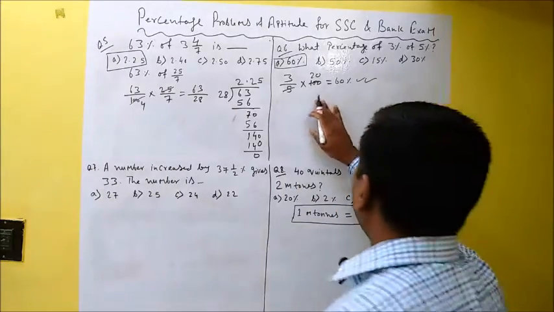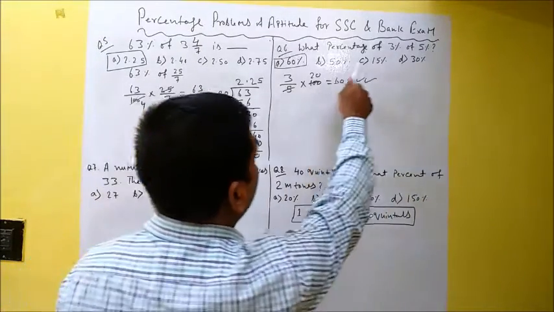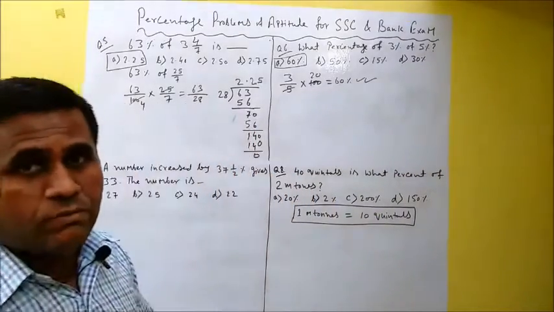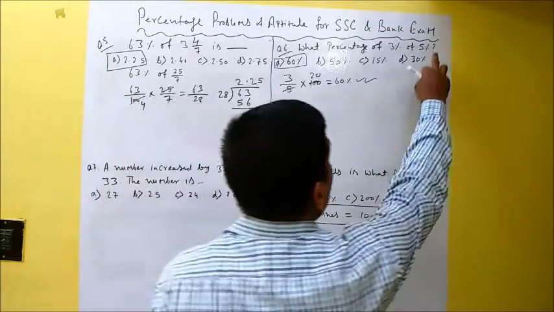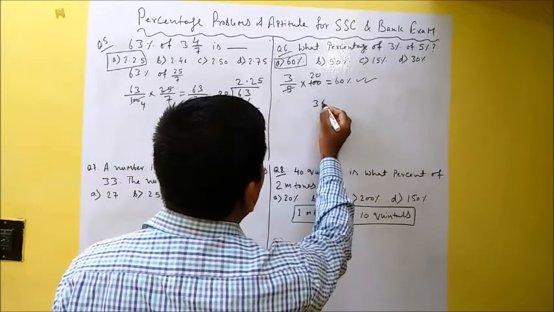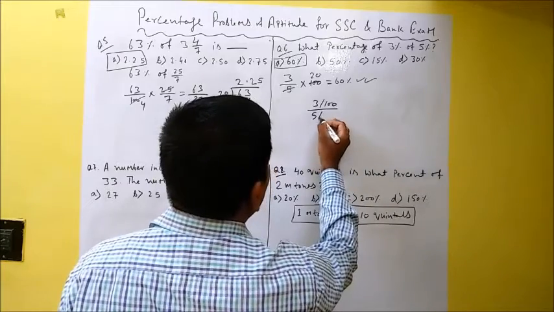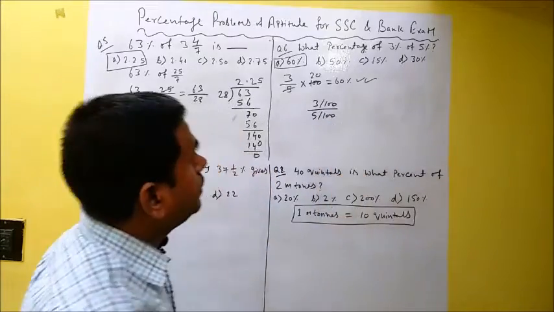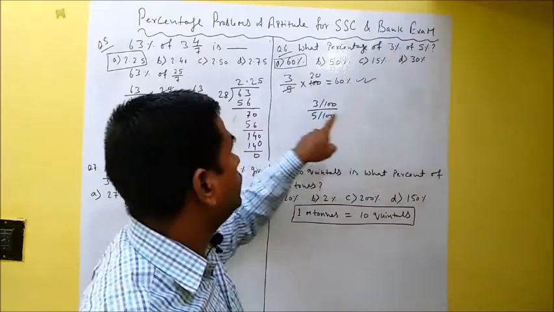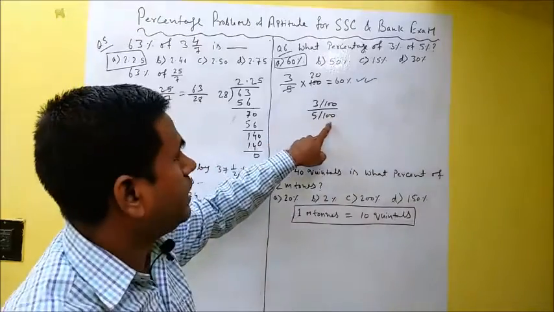If you go in depth and want to see the detail, it says what percent of 3%. So for 3% we have to calculate percent out of 5%. We know 3% is written as 3 upon 100 and 5% is written as 5 upon 100, right? So we have to calculate the percentage, so we wrote 3% out of 5%.